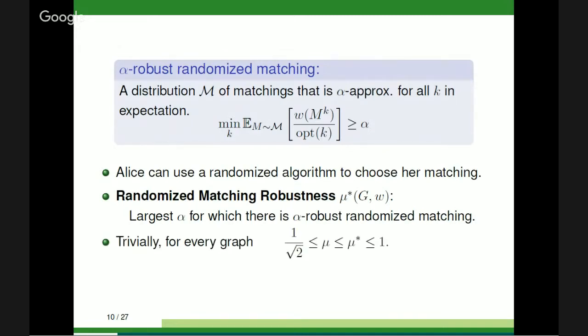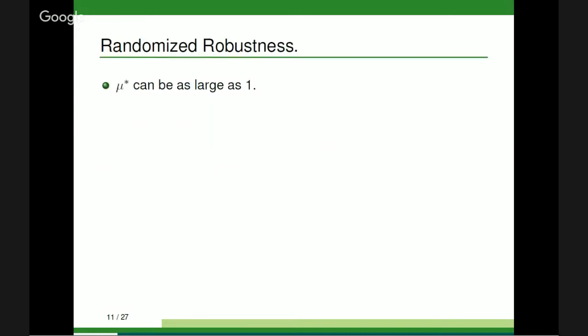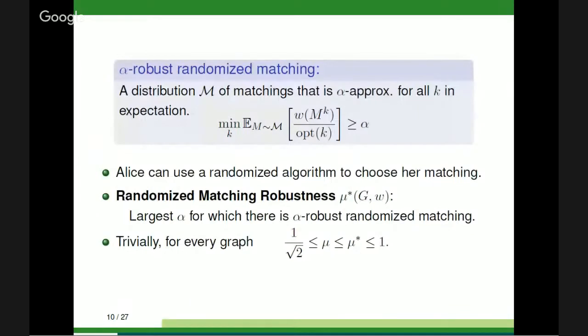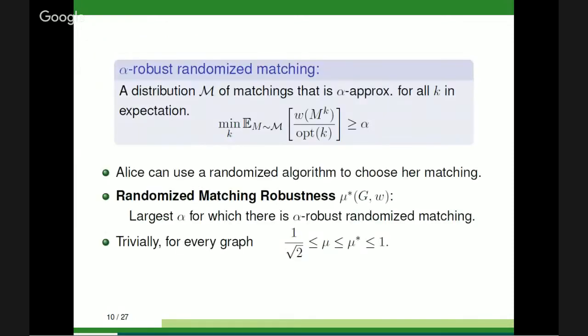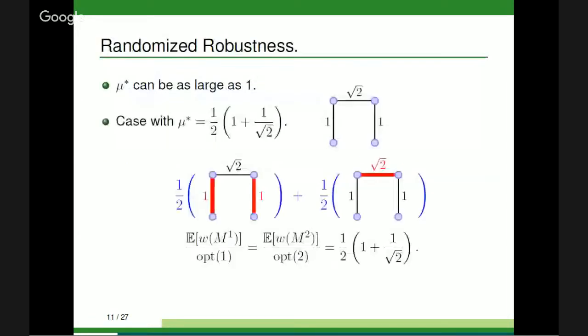Trivially, this number mu star is at least as large as mu, the deterministic robustness, and it's at most 1. So there are a few questions that one can now ask. For example, can mu star be 1? Mu star can be 1. If the graph itself is a matching, then mu star is 1. Mu star can be equal to mu in that case.